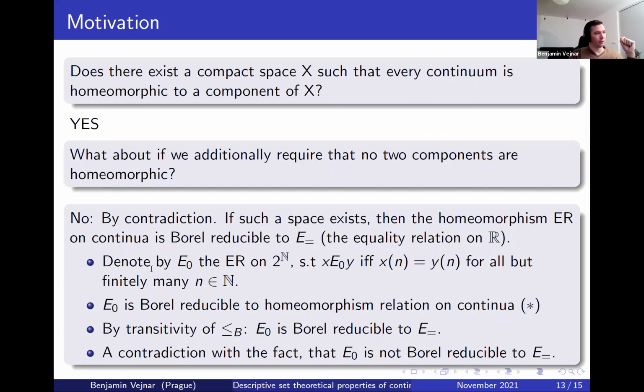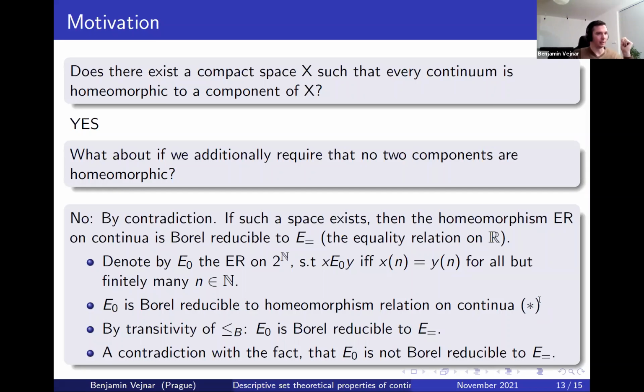But now, let us denote by E0, I was already talking about this equivalence relation. This is an equivalence relation on sequences of zeros and ones. It is the almost equality equivalence relation. Then we can prove that E0 is Borel reducible to homeomorphism relation on continua. This is what I will explain on the next slide.